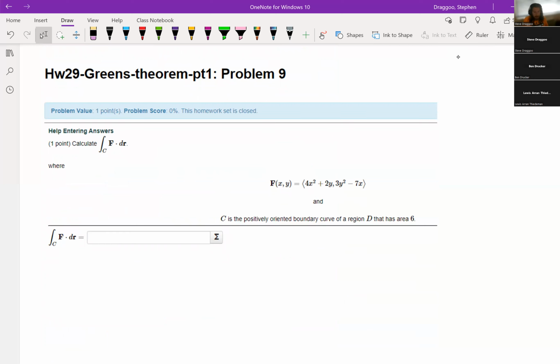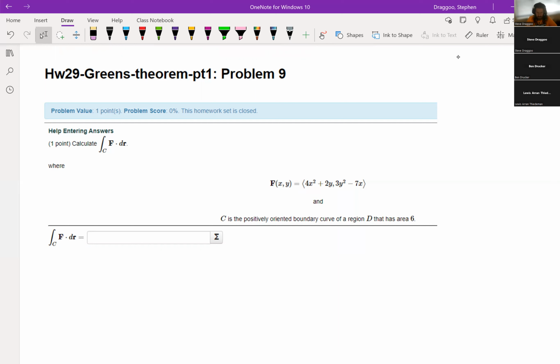All right. Definitely went off on a long enough tangent there. So let's get back in with an easy one. I want to calculate the line integral of f dot dr along the curve C, where f is the field provided, and C is the positively oriented boundary curve of a region D that has an area of 6.